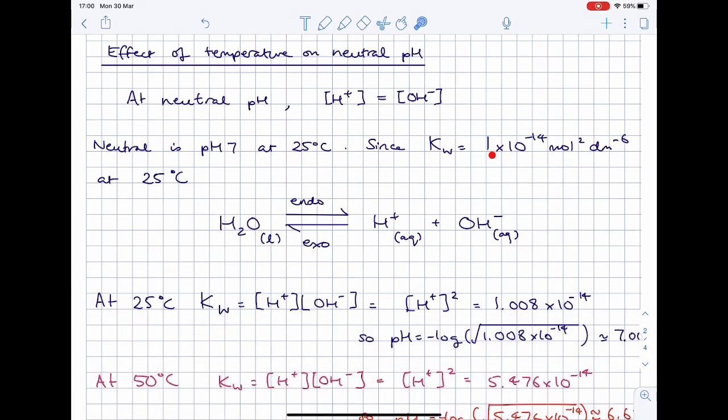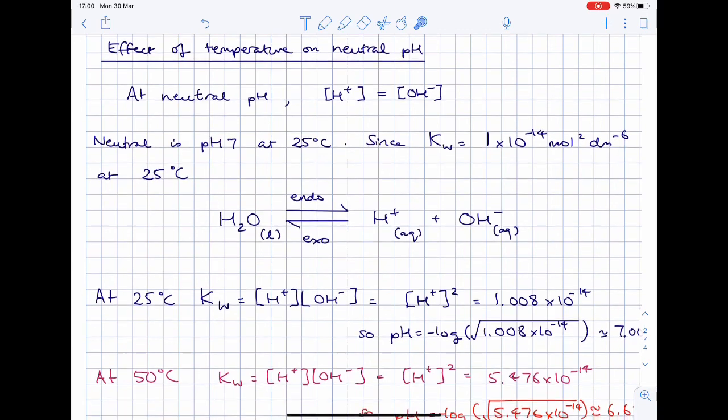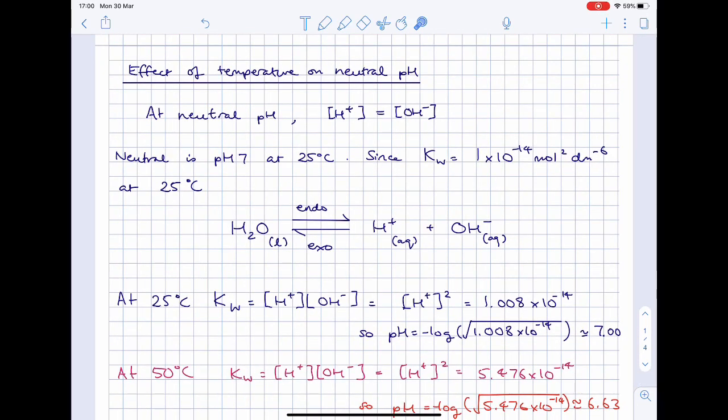We use 1 times 10 to the minus 14 to simplify the number, but it's actually more accurate to use this number. I've just square rooted this value, because this is H+ concentration squared, to get the H+ concentration, and if I take the minus log of H+ concentration, I get pH, and that's pH 7.